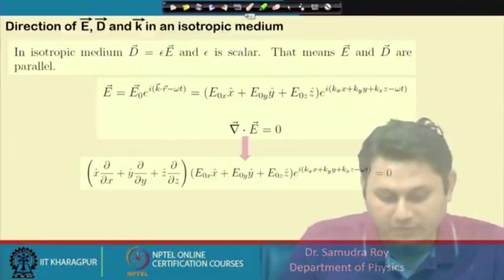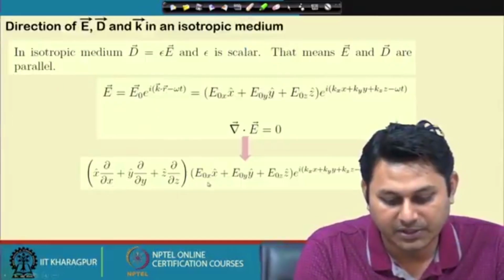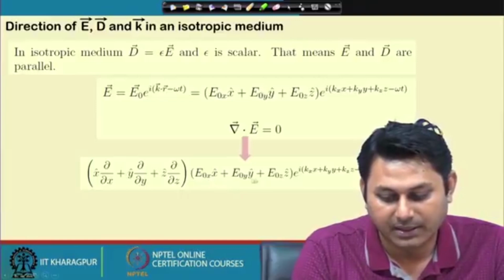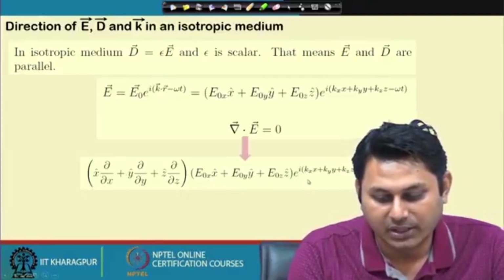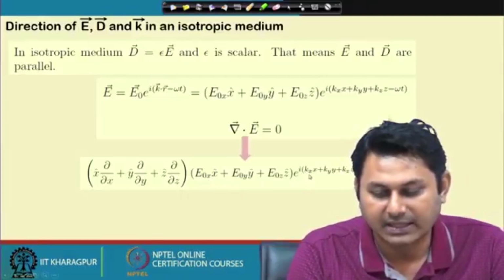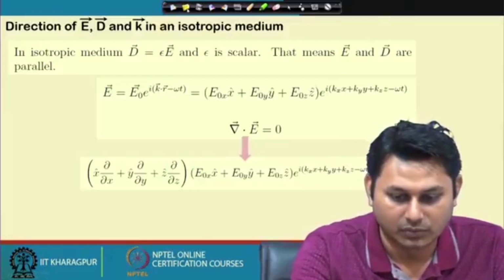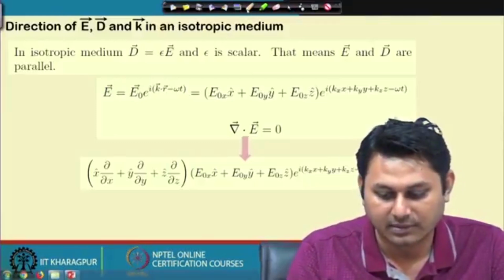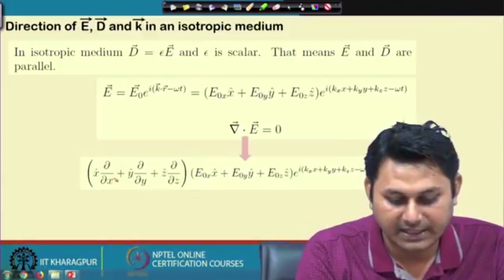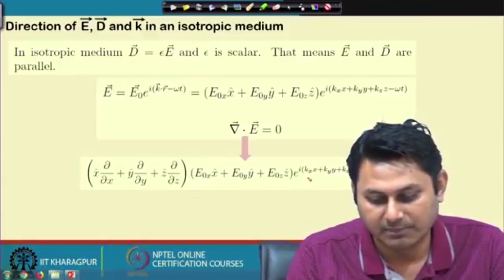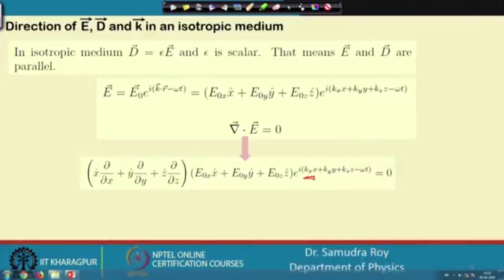So, let me go back. When I make an operation over this, the derivative will give me i kx. So, if I look at this, the derivative del x of this term will give me i kx, the derivative with this term will give me i ky, and the derivative del z will give me kz.